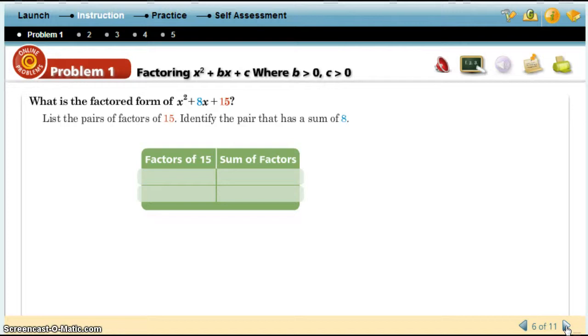The pairs of factors of 15 are 1 and 15 and 3 and 5. 1 and 15 add to 16, and 3 and 5 add to 8. Since 3 and 5 have a sum of 8, use that pair of factors.